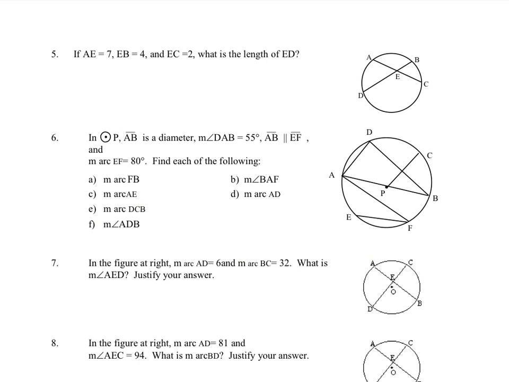This is number 5, and here we have AE as 7, EB as 4, and EC as 2. What is the length of ED? That right there is our X. Since this crosses inside the circle, we're going to multiply.